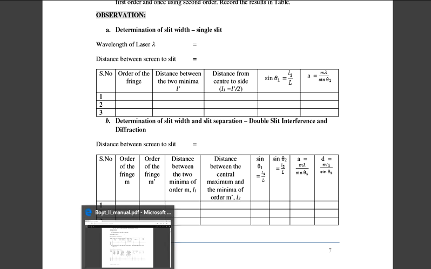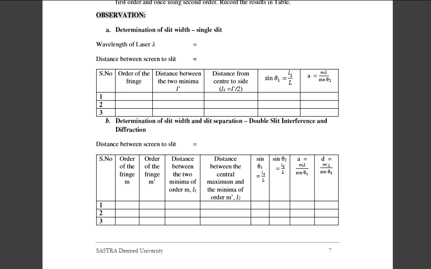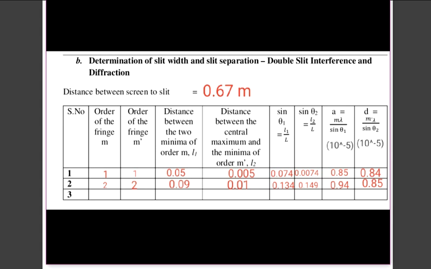In my case, the distance from the screen to the slit is 0.67 meters. The order of the fringe is m is equal to 1 and m dash is equal to 1, and L1 is equal to 0.05. Similarly, L2 is equal to 0.005, and I substitute these values in sin theta 1 and sin theta 2, and finally in the formulas for A and d, I get the value of d as 0.84 and 0.85.